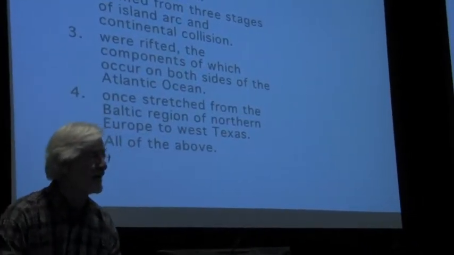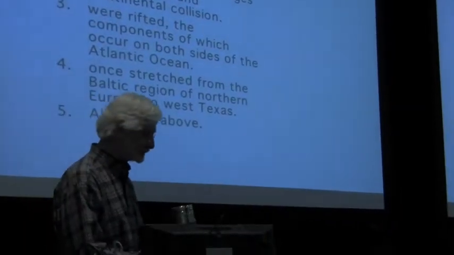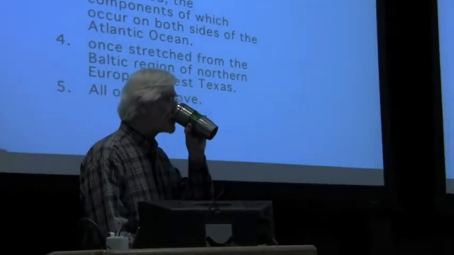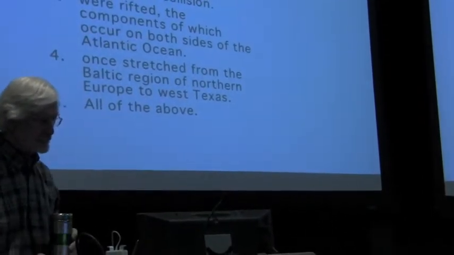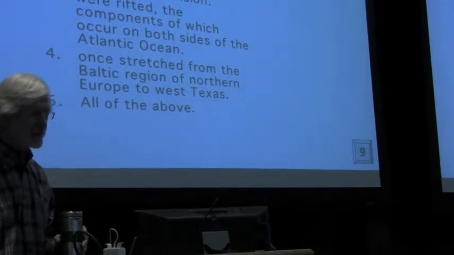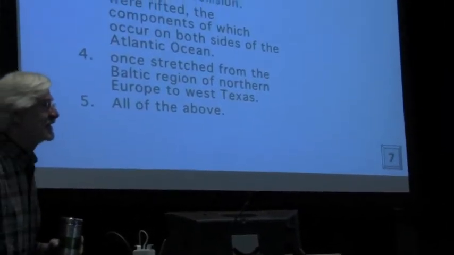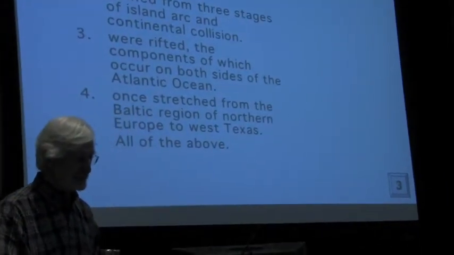The Appalachian Mountains, right where you are. Is all of that true? Okay, I'll open the polls now. I'll give you plenty of time. Is every one of those things true about where I live? Could that be right?